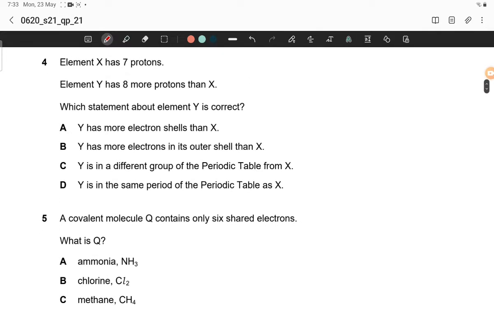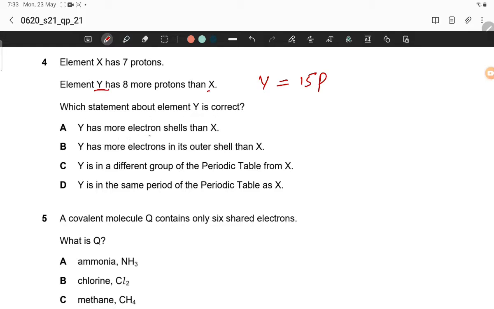Number 4. Element X has 7 protons. Y has 8 more protons than X. If X has 7 protons, Y has more. So it means Y has 15 protons. Which statement about element Y is correct?